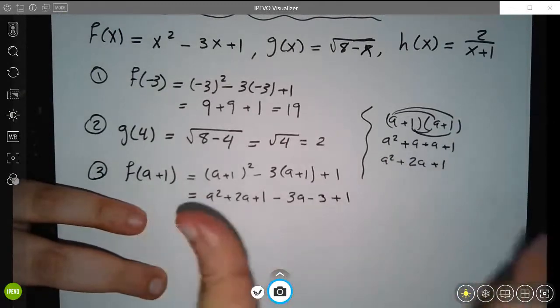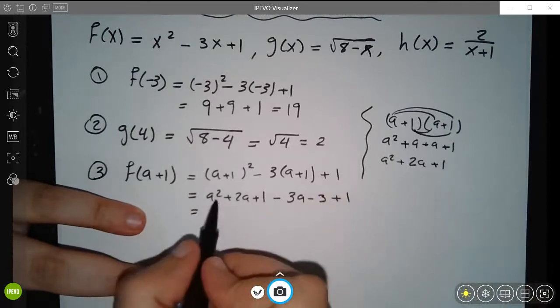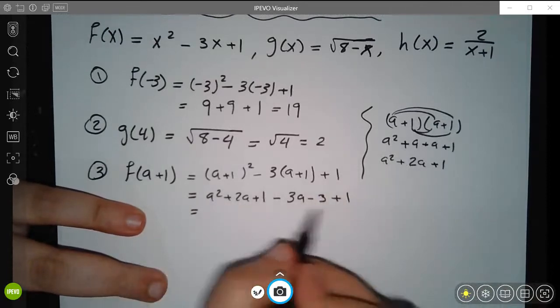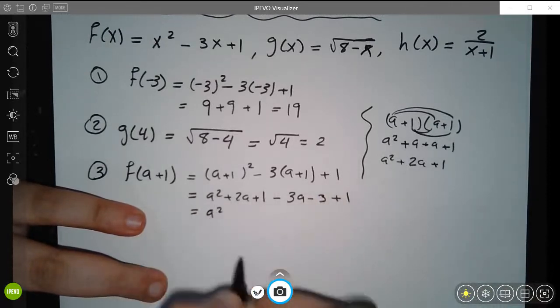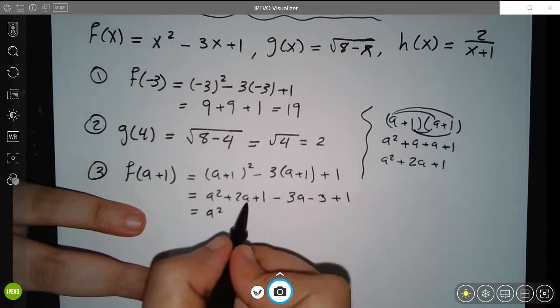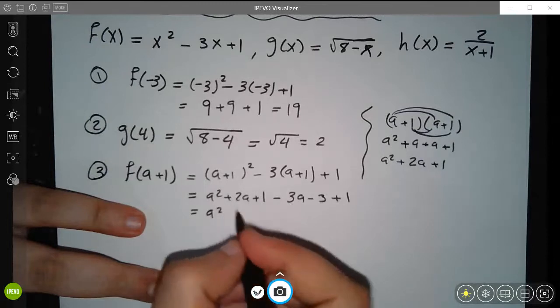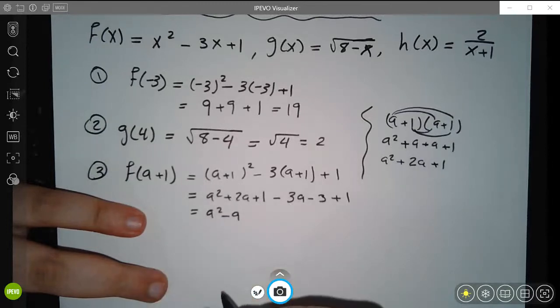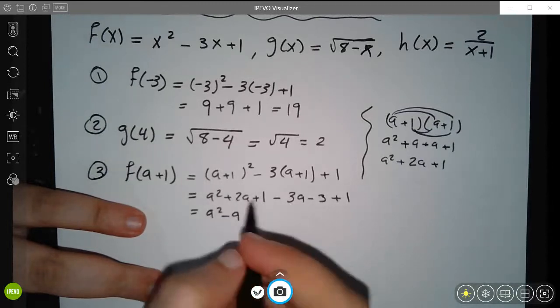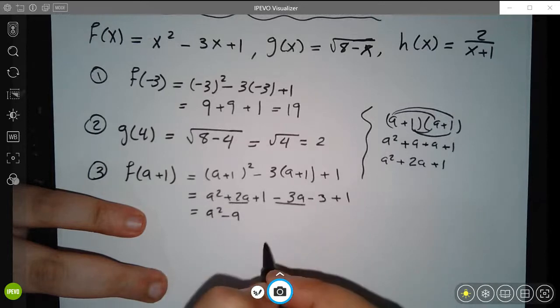All right. Now let's combine like terms. We don't have any other a squared, so I'm going to place that as it is. Now, a, we have a positive 2a and a negative 3a. That leaves you with a negative 1a. So negative a. So we did these two.